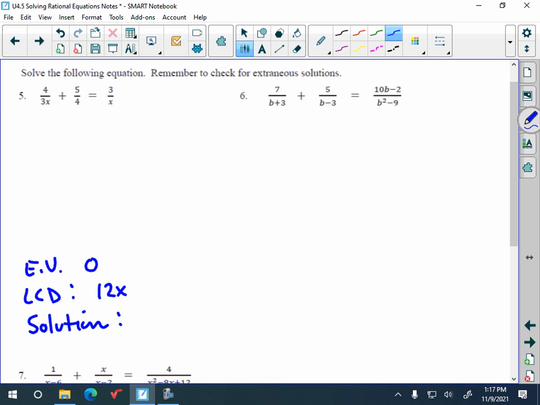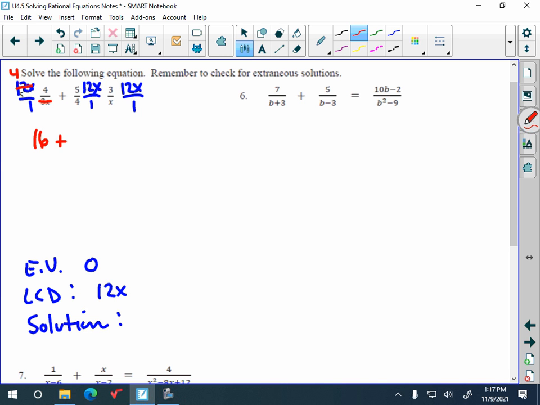So now we're going to multiply everything by 12x over 1. And we'll cross cancel all the denominators out. All right, so the 3 and the x will cancel with the 12x and just turn it into a 4. And 4 times 4 is 16.